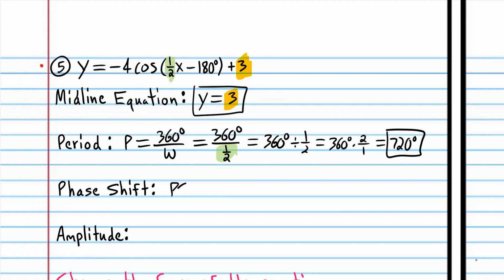The phase shift is phi over omega, and phi is 180 degrees. It's positive 180. And omega, of course, is that coefficient of x. And if we do the same math, we end up with 360 degrees.